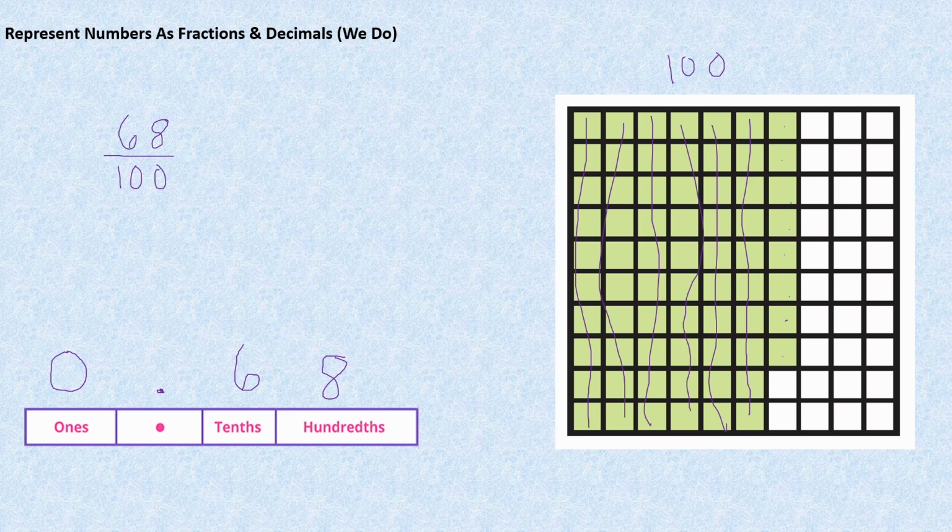So in this one, I have 0 and 68 hundredths, okay? So the fraction 68 over 100 is equivalent or equal to 0.68 or 0 and 68 hundredths.